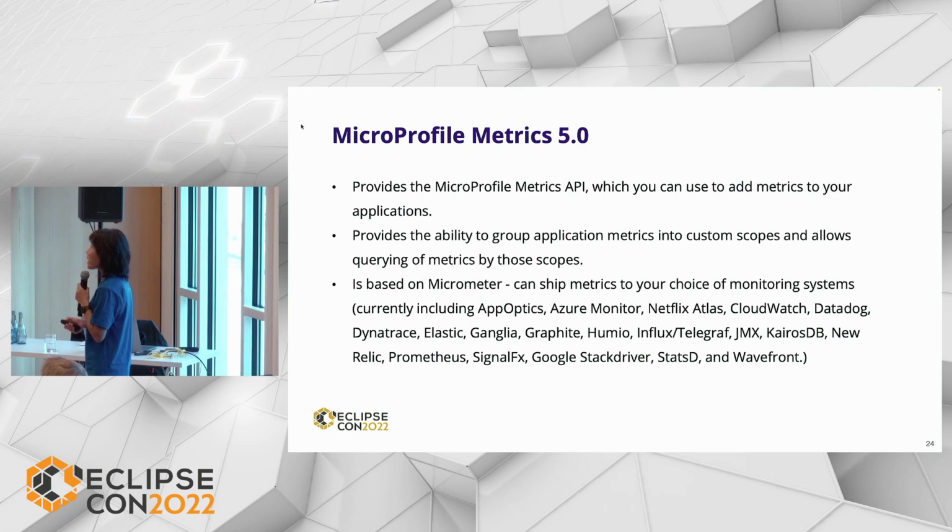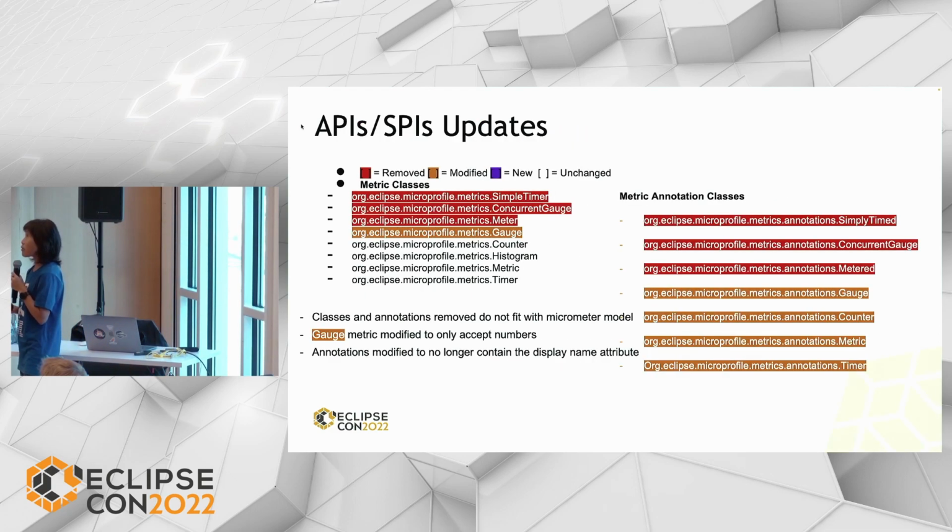And then the API is pretty much synced up with Micrometer so that you can use a lot of monitoring systems to view the metrics. All the popular monitoring systems are listed here and work pretty well with Micrometer.